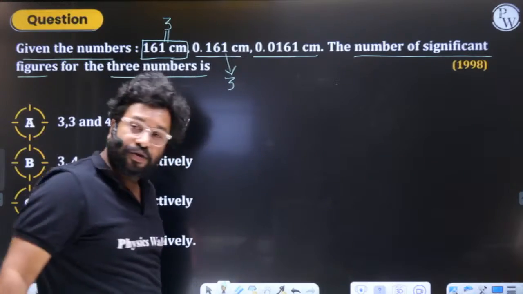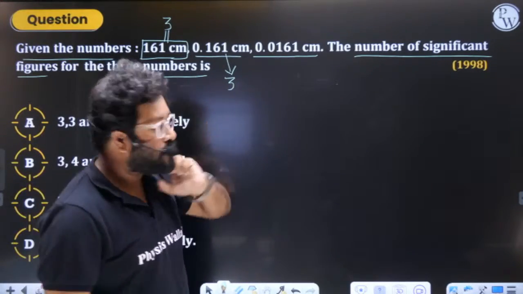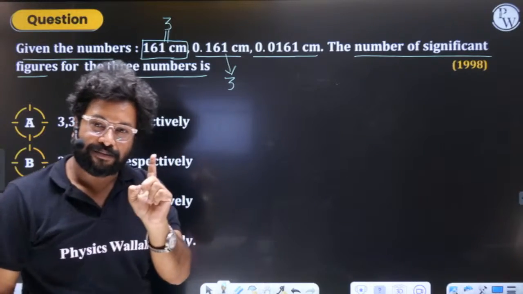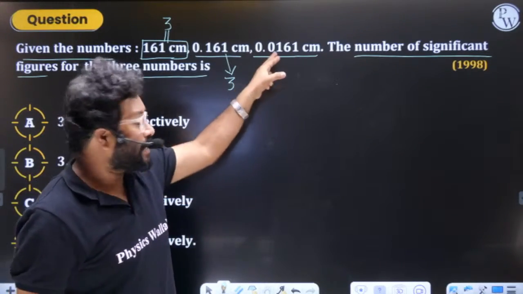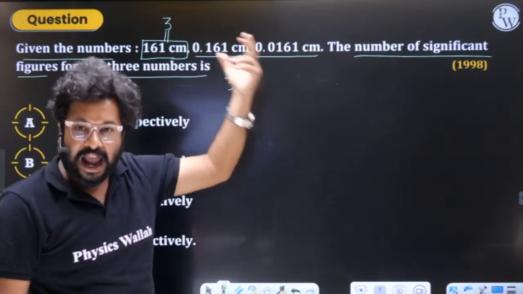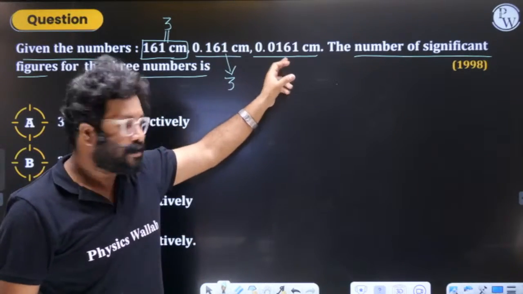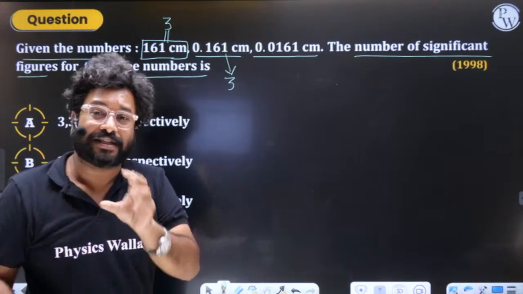After that, you have 0.0161. Now look at this 0. This 0 first of all is coming to the right hand side of a decimal point, but this 0 is to the left hand side of a non-zero digit. Had this 0 been placed after the 1 or 6 or 1, it would have been counted as significant.